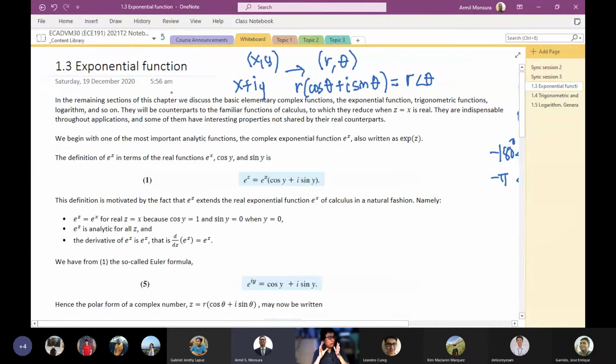This form and all the properties that come up as a result of writing your complex number in exponential form would be very useful when we try to evaluate functions having complex numbers as their arguments.